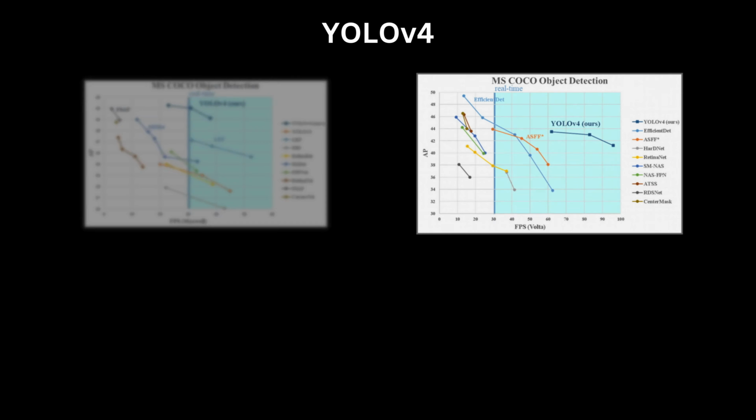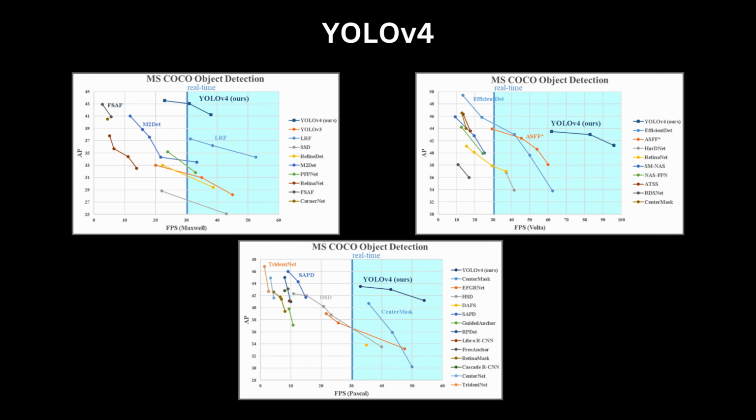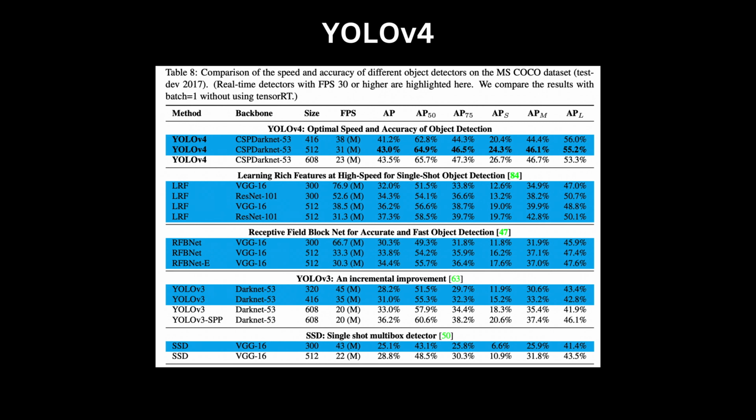In terms of performance, if we consider real-time detectors, YOLOv4 comes out to be the best one amongst those that the authors compare it with. Comparing specifically to YOLOv3, we get more than 10% absolute improvement from YOLOv3 variants which are in the real-time regime. And from SSD, it's even more, close to 20% improvement.